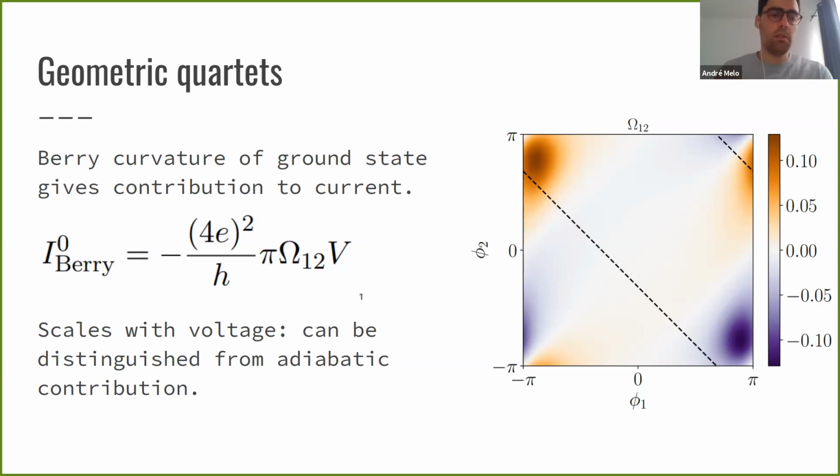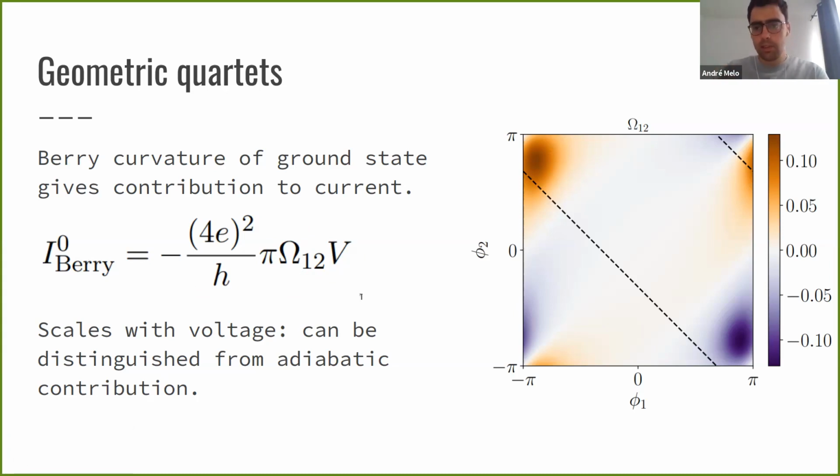But the leading order correction to that is a current that's given by the Berry curvature of the ground state of the system. And you can show that it looks something like this. So there's some constant, then it's proportional to the Berry curvature, omega 1, 2, we're calling it here, times the voltage. So this is the instantaneous current at some choice of phases phi 1 and phi 2.